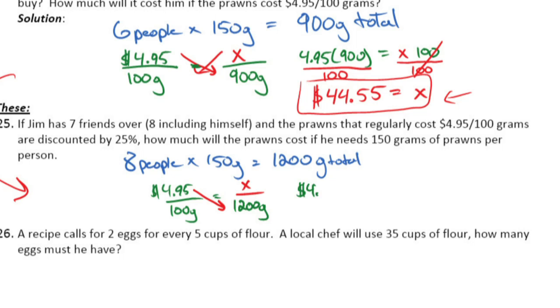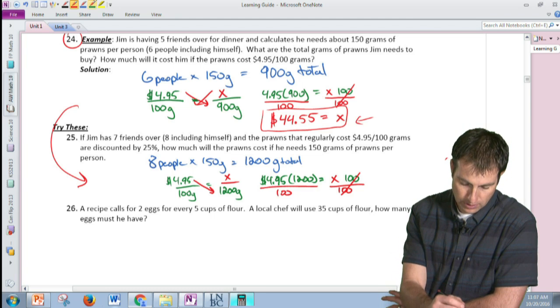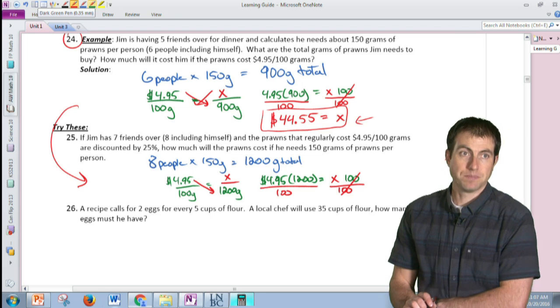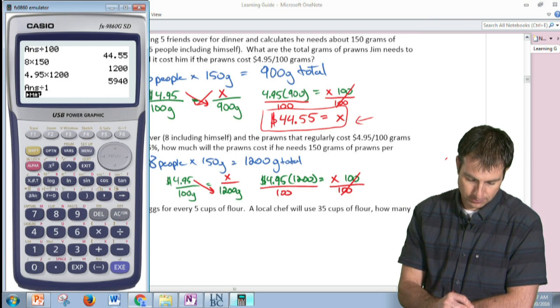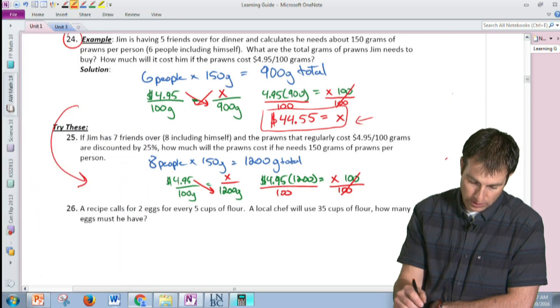So I get 495 times 1,200 is equal to X times 100. Divide both sides by 100 to cancel out. If I do it to one, I have to do it to the other. And I get 495 times 1,200 divided by 100. So I get $59.40 before the discount.